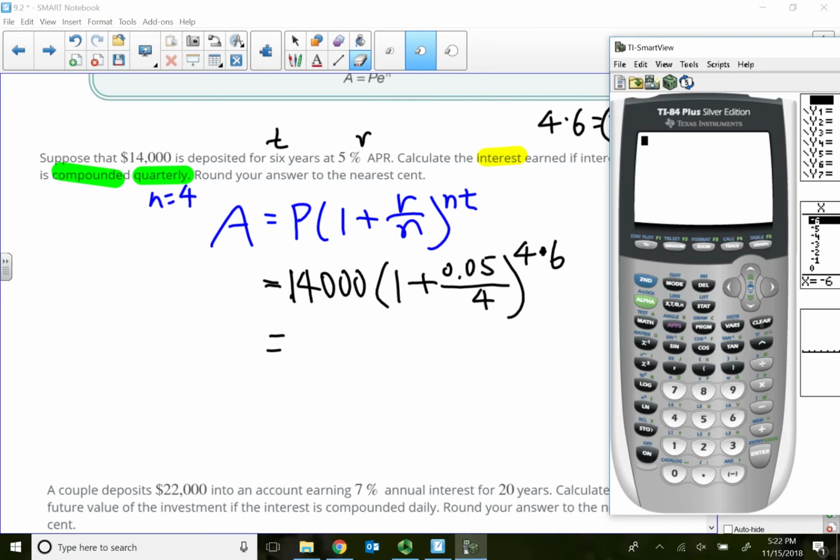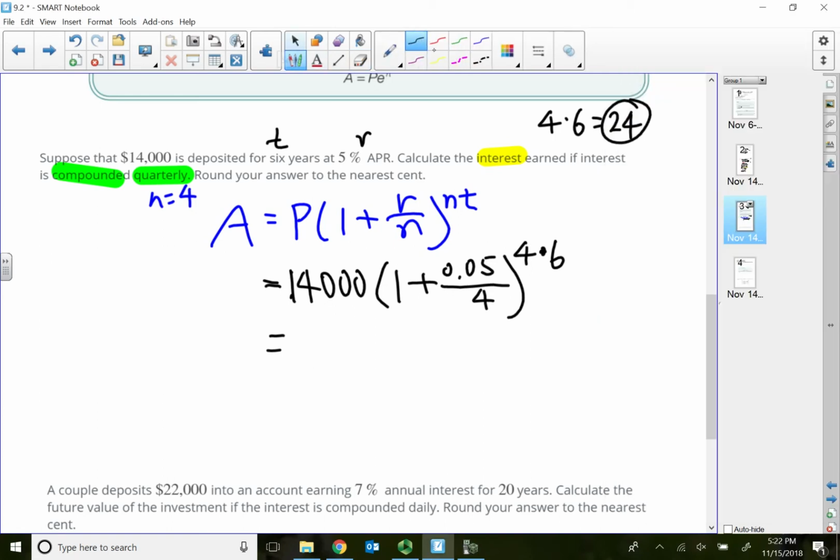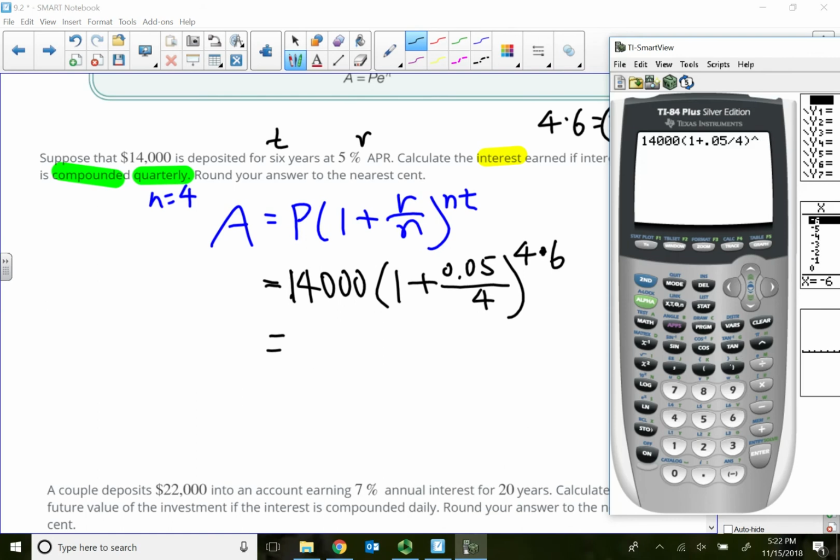So basically, the formula says take 14,000 times parenthesis 1 plus 0.05 divided by 4. Then the whole thing is raised to, if you want the calculator to do the exponent for you, put 4 times 6 in the parenthesis.